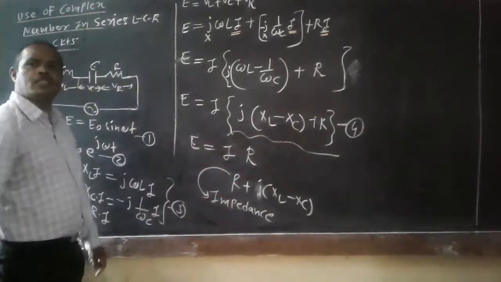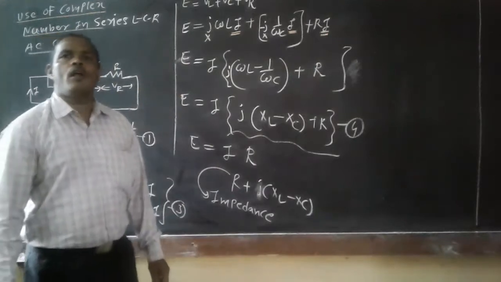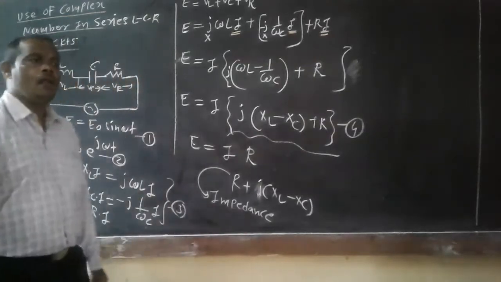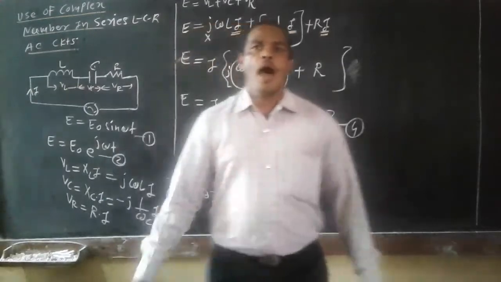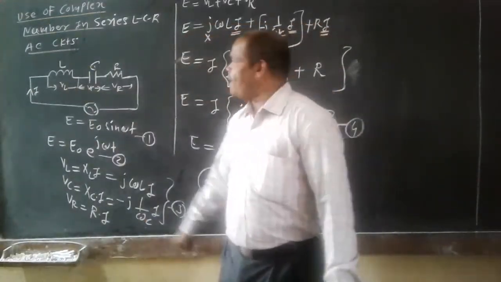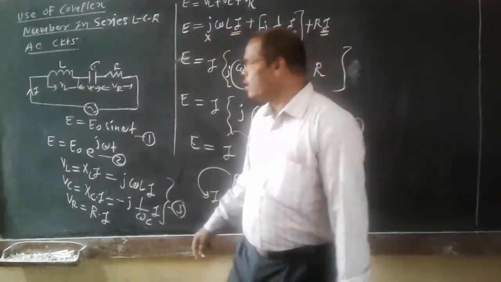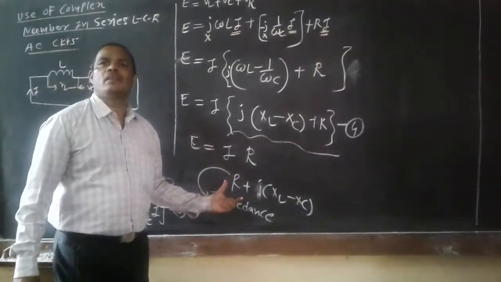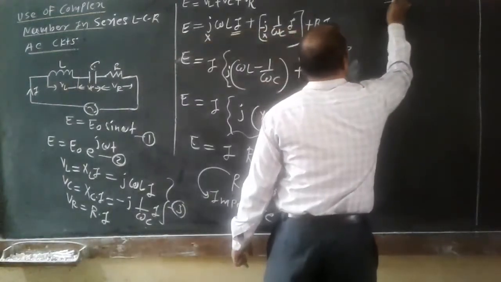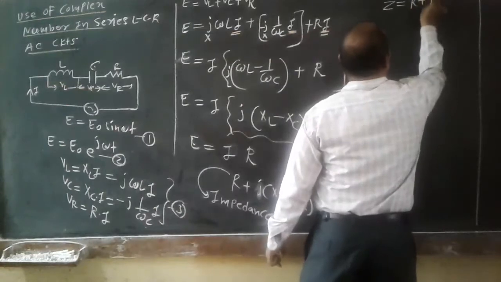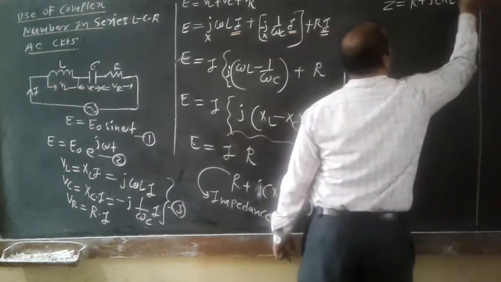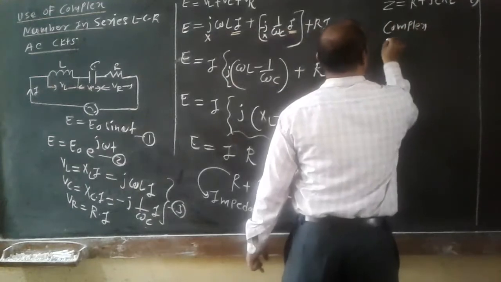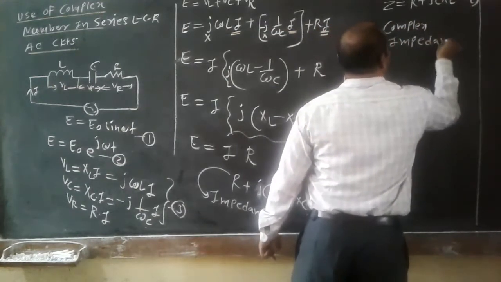The quantity R plus j XL minus XC is called the complex impedance, and impedance is nothing but the total resistance offered by inductor L, capacitor C or resistor R to the flow of AC current I. It is denoted by the letter Z. So Z is equal to R plus j XL minus XC, and Z is called the complex impedance.